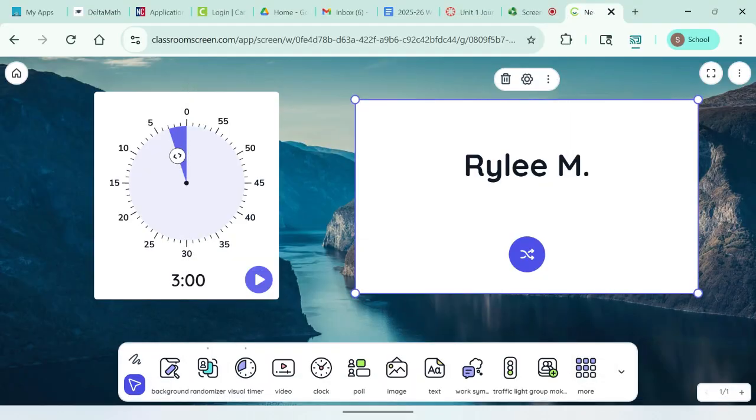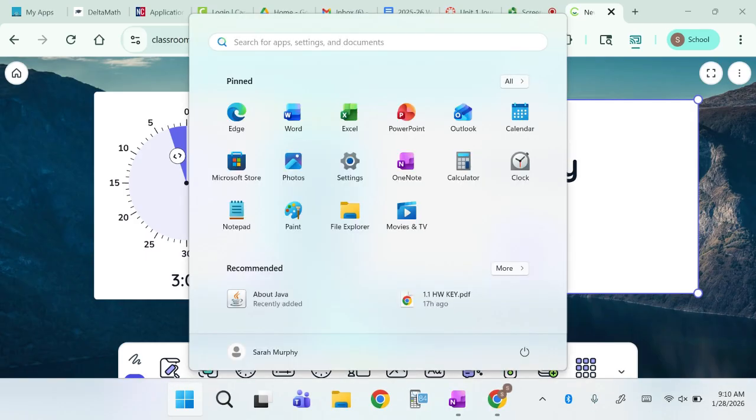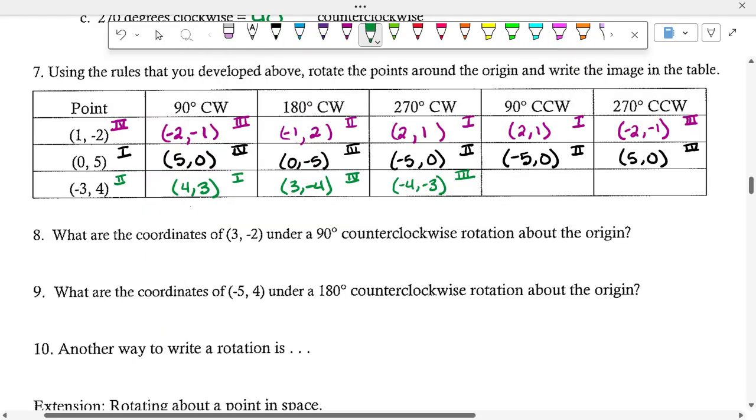All right. Wendy, 90 degrees counterclockwise is the same thing as what degree clockwise? Not 90. 270. So what's the point? Good.